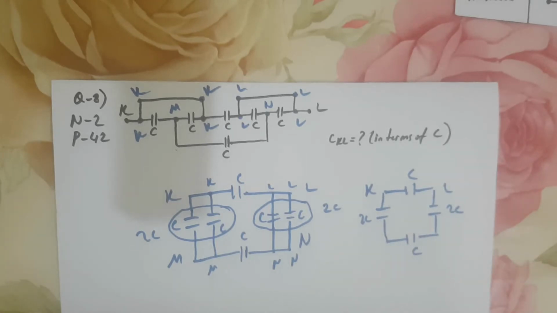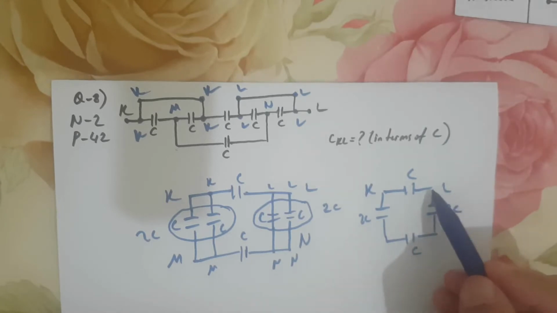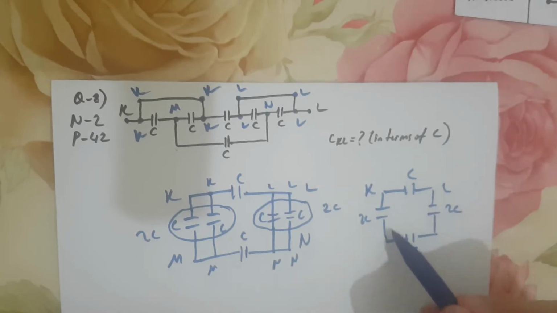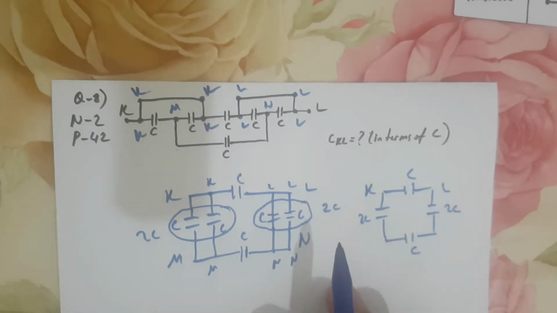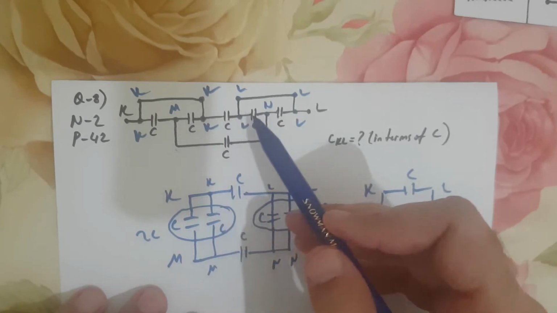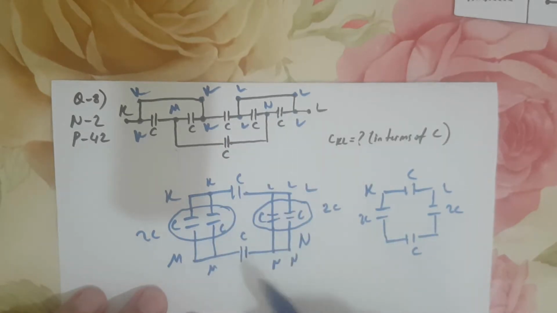What happens now? So this is all series and then parallel to the C. So we are sure, right? 1, 2, 3, 4, 5, 6. That's right. C becomes 2C, 2C, C.